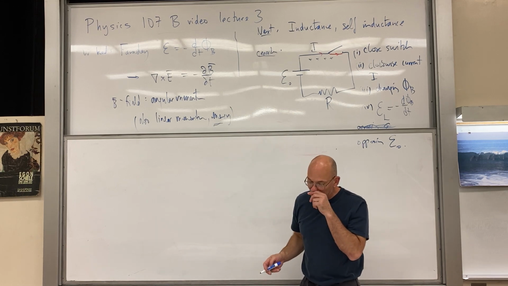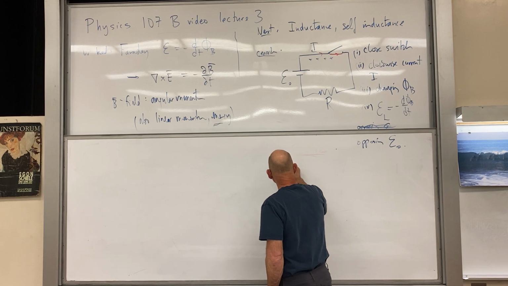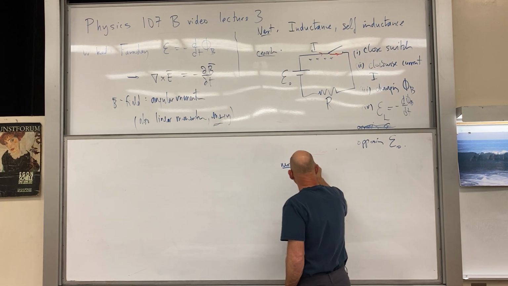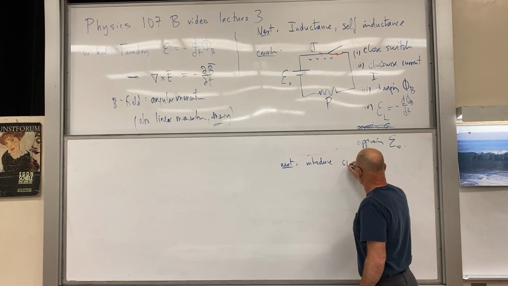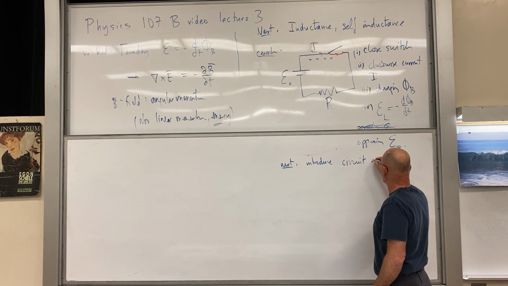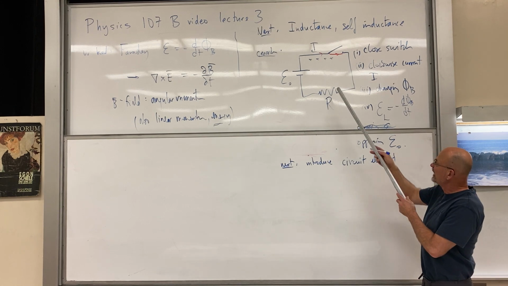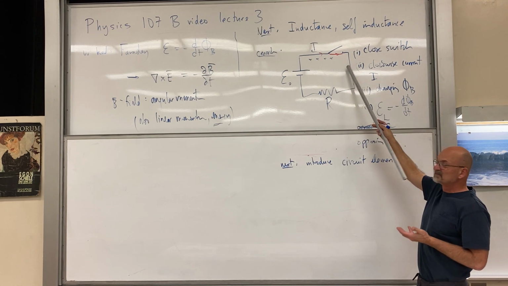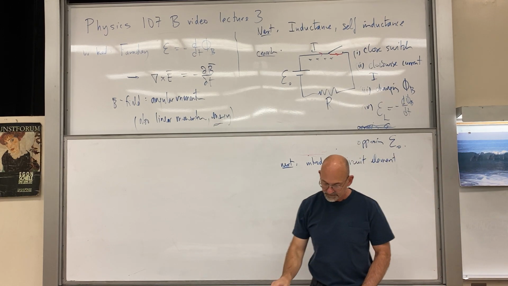So now what we're going to do is introduce a new circuit element called the self-inductance, because we see even this circuit has that, so we're going to introduce a circuit element to take care of that property.